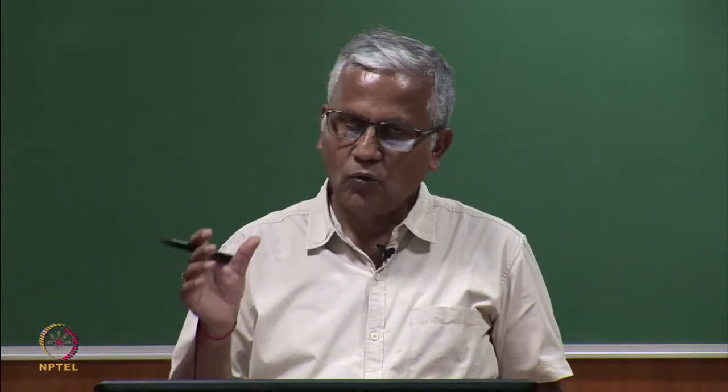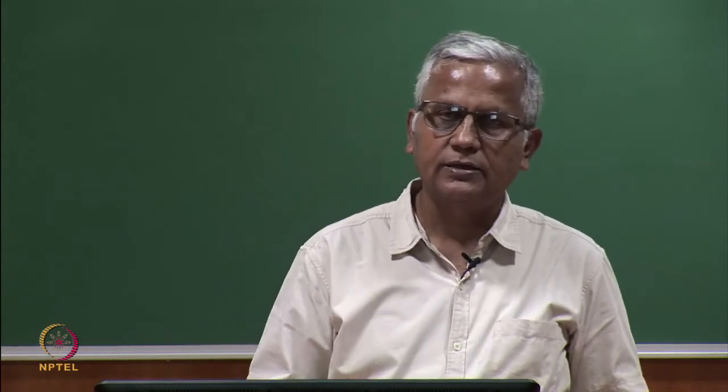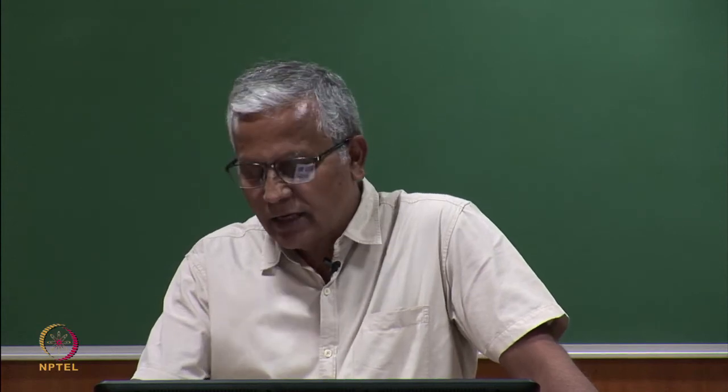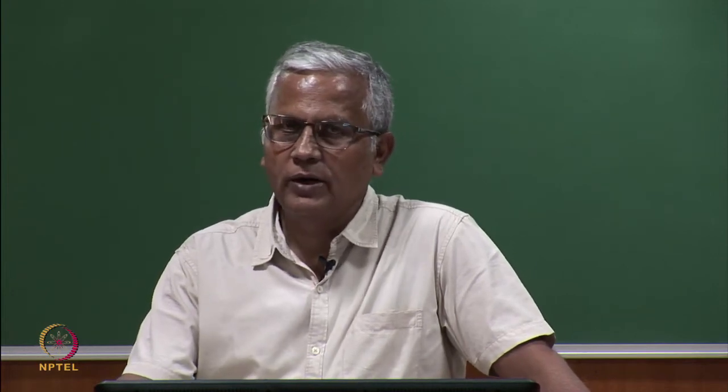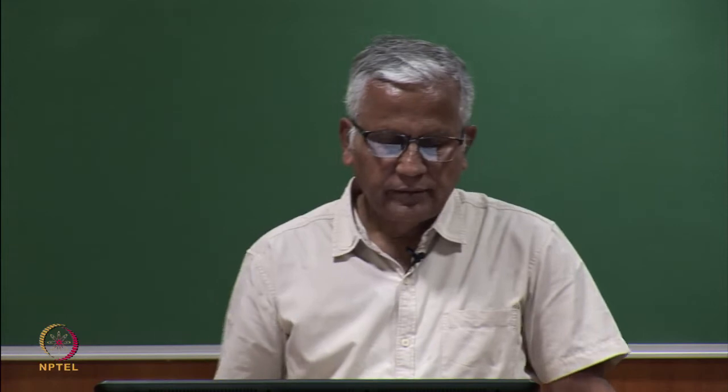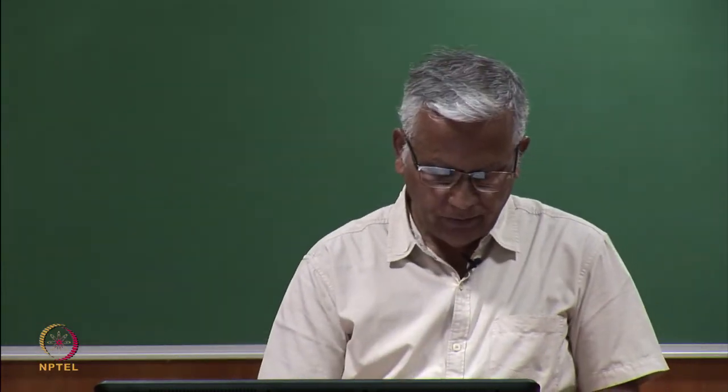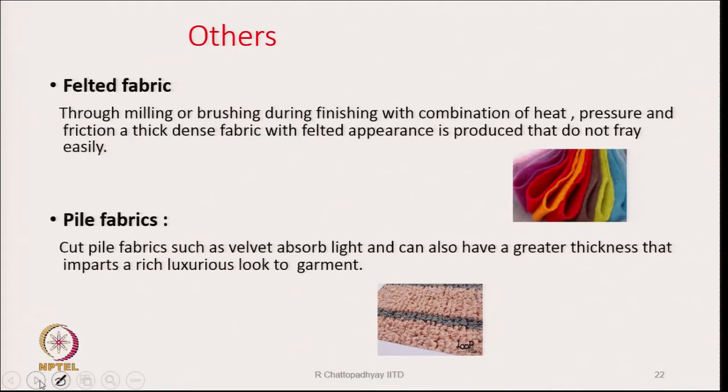Now, if we want open structure and stability, then lino is the answer. And there are instances, especially in technical applications, where such kind of structures are required. A stable open structure is required, and there lino weave will be of great advantage.